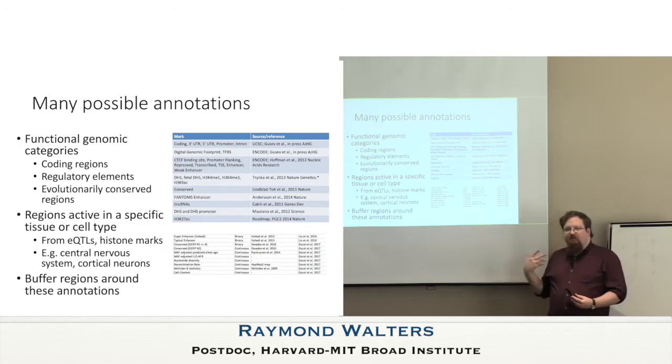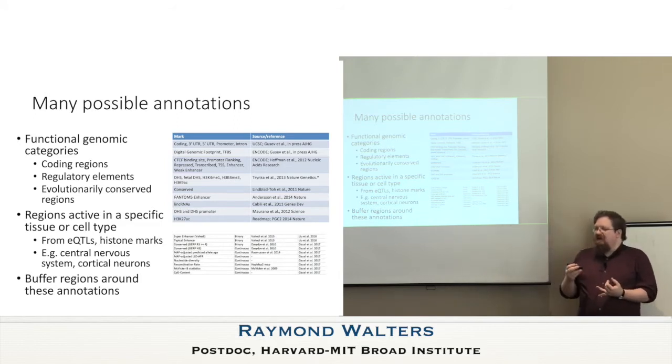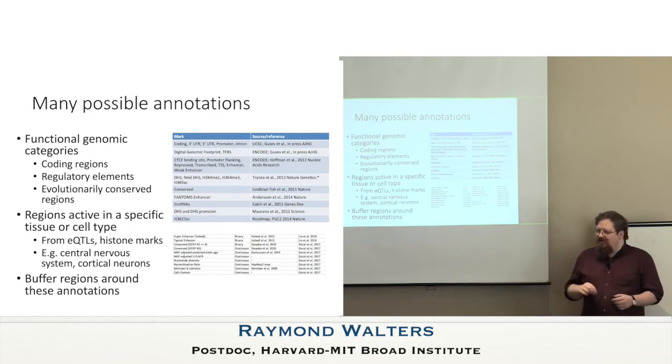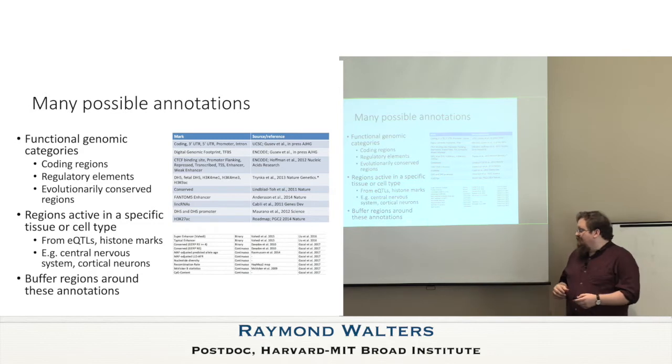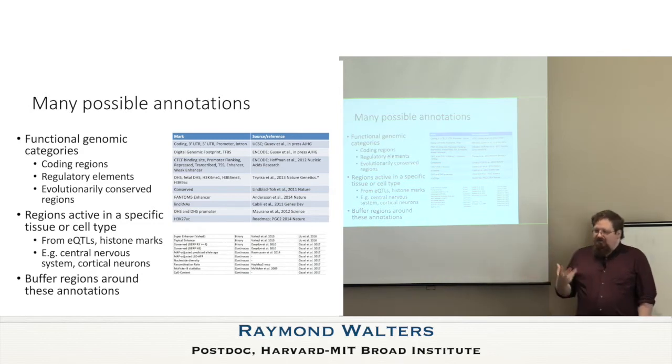So we started in the toy example talking about coding regions and DHS, these DNA hypersensitivity sites, places that we might, from our knowledge of genomic structure, expect there to be more meaning to genetic variation happening there versus in places where we're less sure what that DNA does. And similarly, we can think about promoters and enhancers and other regulatory elements.